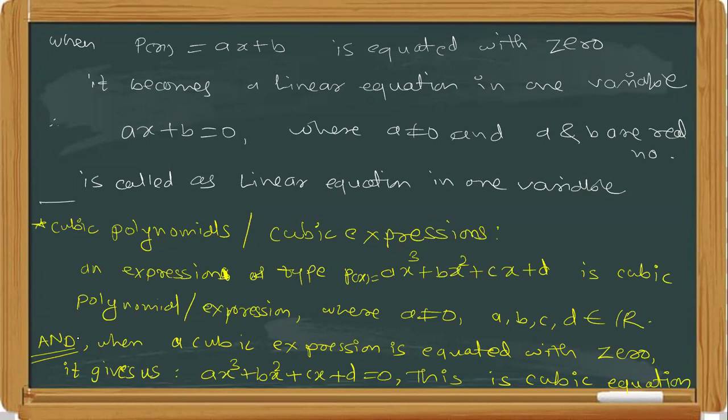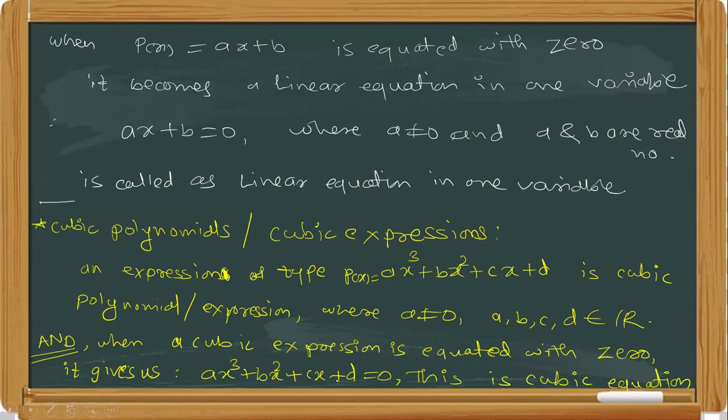What you have noted here: linear expression or linear polynomial, then linear equation, quadratic expression or quadratic polynomial, then quadratic equation, and now cubic expression or cubic polynomial, and then cubic equation. Okay, note it down, and once done, tell me that you are done with writing.